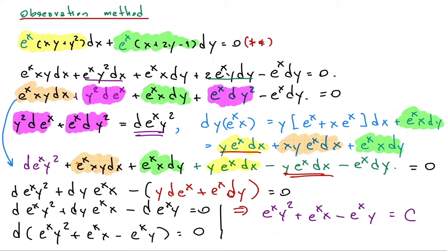Okay, and if I pull e to the x out, that will be y squared plus x minus y equals c.